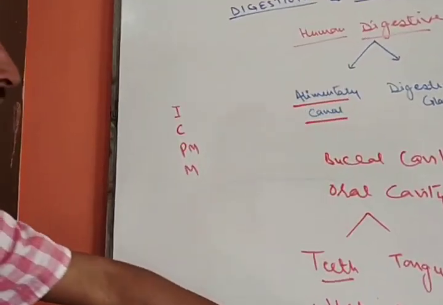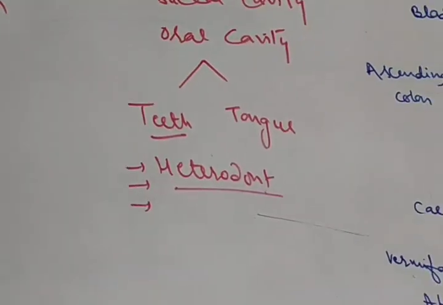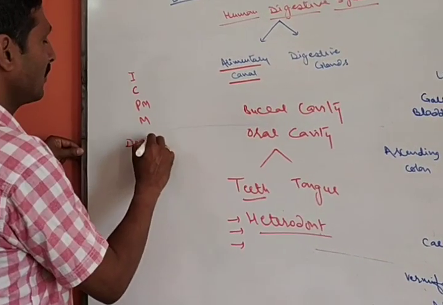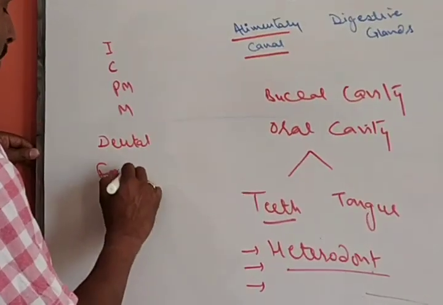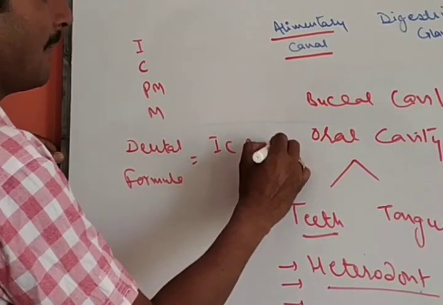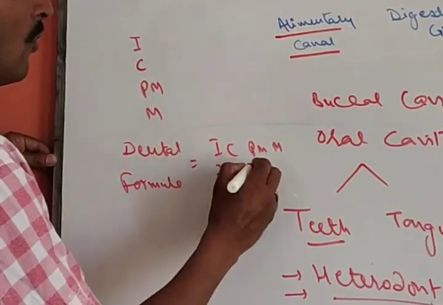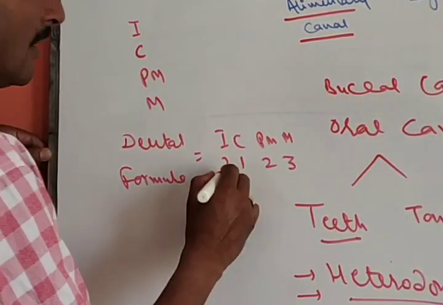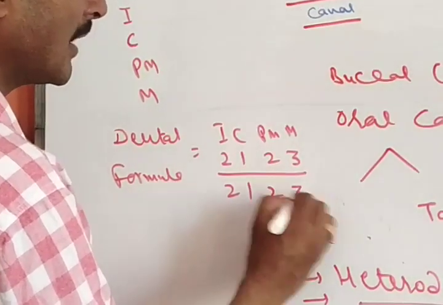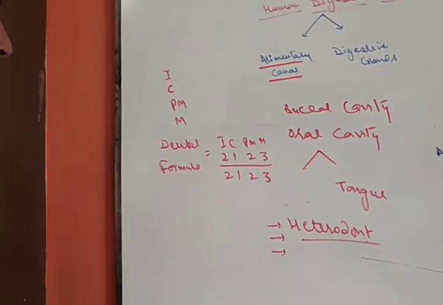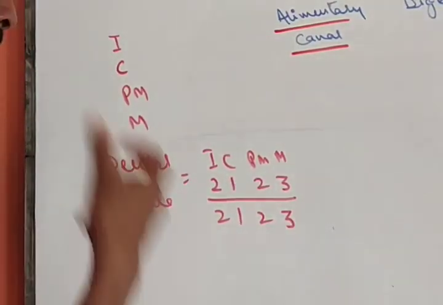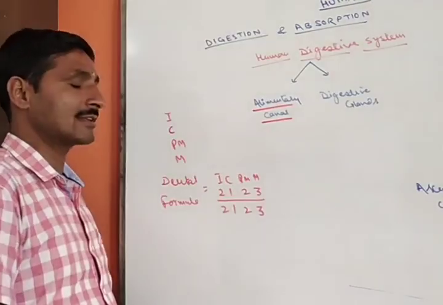That's why human teeth are called heterodont. If we want to write the human dental formula for an adult human being, we can write it like this: I, C, P, M and M, 2, 1, 2, 3 in upper jaw, 2, 1, 2, 3 in lower jaw. It means 8 teeth are present on one side and 8 on the other side.